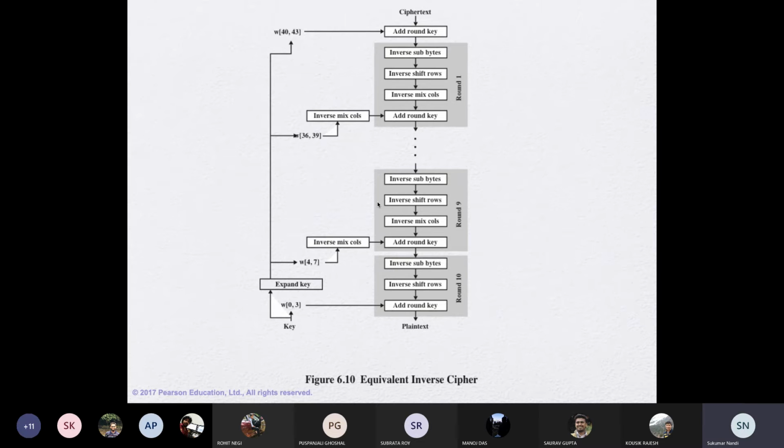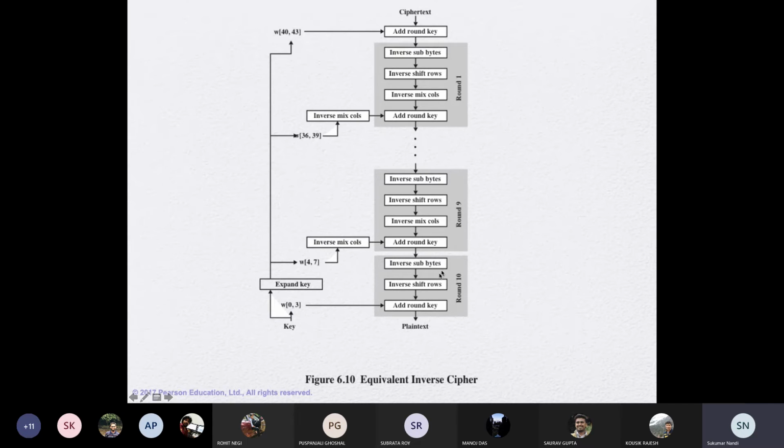If you look into the encryption process, you will find first substitution byte, then shift row, then mix column, then add round key. But in decryption, at the last round, add round key, shift row, substitution byte. There is no mix column here.